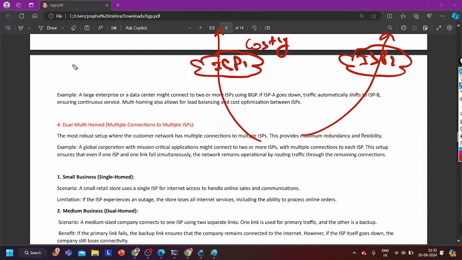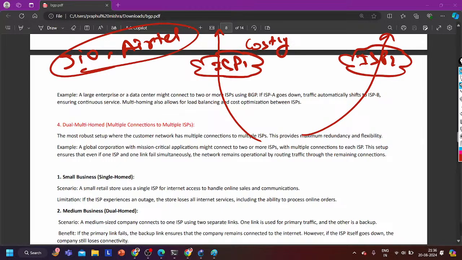As I told you, there are service providers in India, Airtel and Tata, and many more. In the same way, for internet service providers in India, Jio, Airtel, Vodafone, these are ISPs providing internet service.